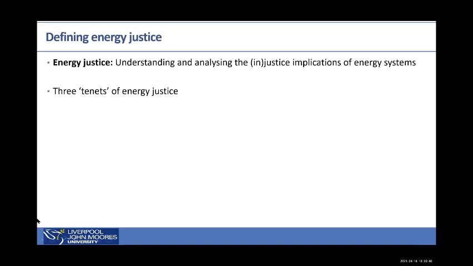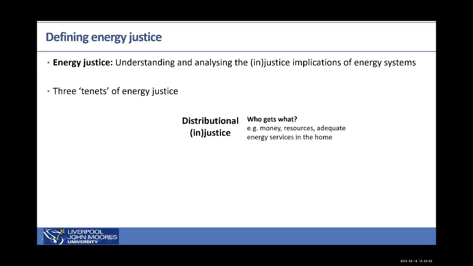And normally when we talk about energy justice, you're probably also familiar, we tend to talk about what's called 3 tenets or 3 forms of energy justice that are taken from the environmental justice literature that preceded it. So first of all, we tend to talk about distributional justice. This is in many ways the foundational concept of justice, if you go back to the original philosophical literature.